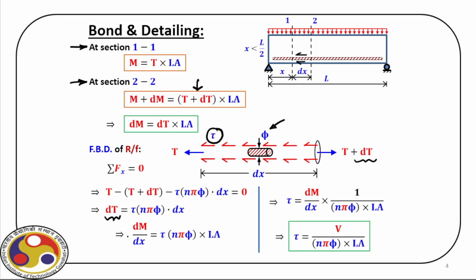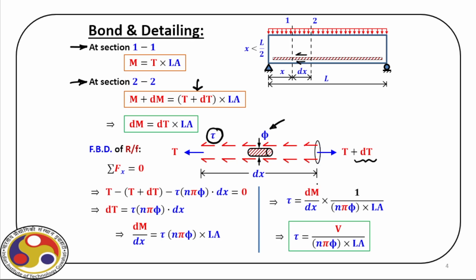So dM by dx is nothing but tau times n pi phi times lever arm. From this expression, we can get the expression of tau, which is dM by dx multiplied by 1 by, in the denominator, n pi phi times LA.